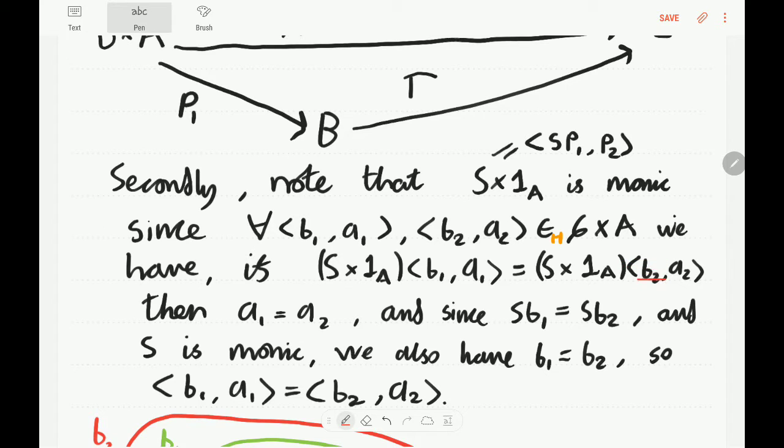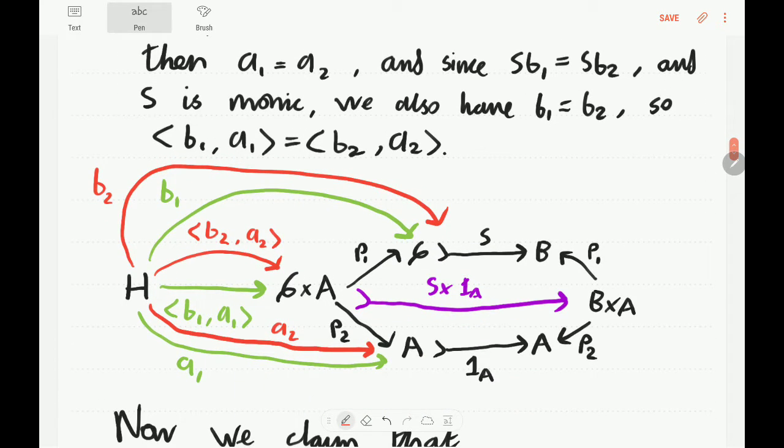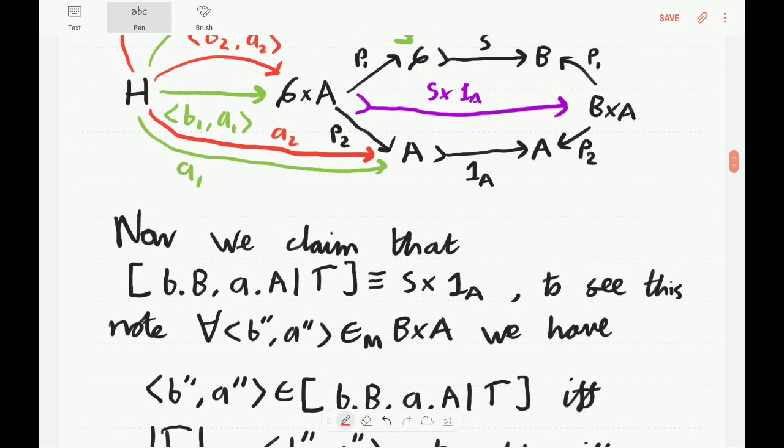That's S of B2 on the right. Similarly, we'll get S of B1 on the left. So we have S of B1 equals S of B2. But we know that S is monic. So we're going to have B1 equals B2. So we know that A1 equals A2 and B1 equals B2. So we have that B1 comma A1 equals B2 comma A2. And we're done. We've shown that this is monic. Obviously, a similar argument could show that the product of monics is monic in general. But anyway, let's carry on.